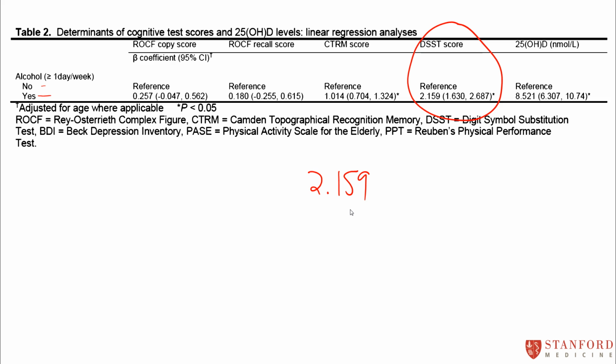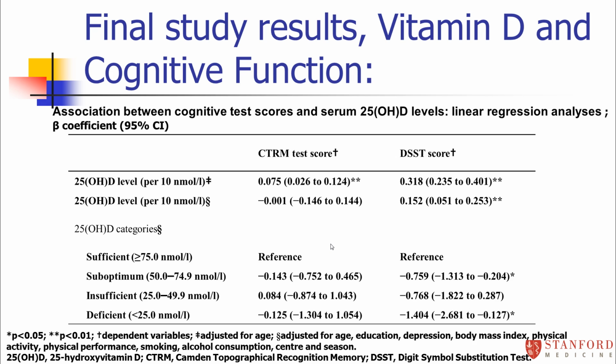So for some reason, drinkers tend to have slightly higher cognitive function. It might not be due to the drinking, but those tend to go together. Similarly, drinkers also tend to have better vitamin D levels. If you're a drinker versus non-drinker, your vitamin D level was 8.521 higher on average. So again, that one could be a confounder too. There are many potential confounders in this data set that need to be accounted for.